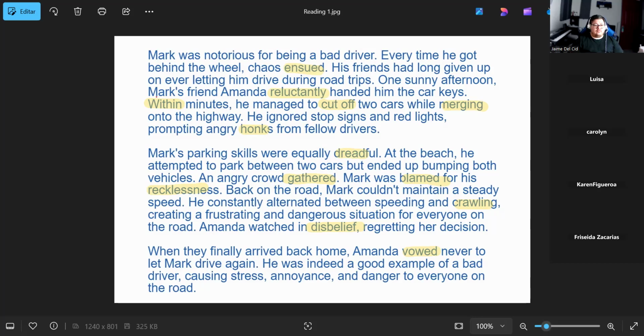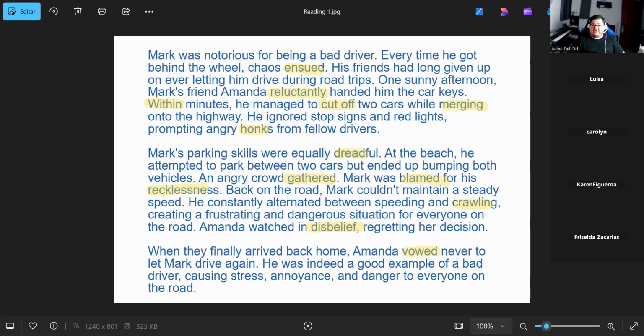He constantly alternated between speeding and crawling, creating a frustrating and dangerous situation for everyone on the road. Amanda watched in disbelief, regretting her decision.